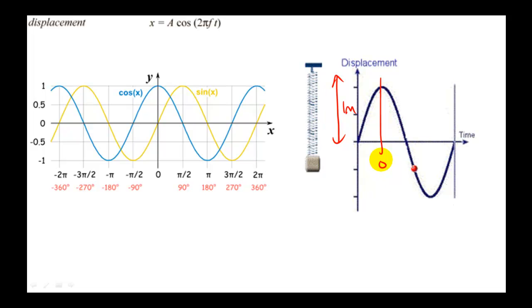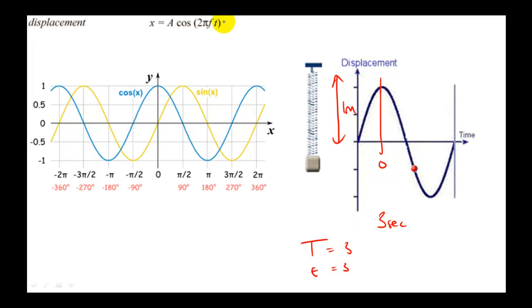Okay, so at a time a bit later in the future, let's say in 3 seconds, where would we be? Well, if you know big T is equal to 3, little t is equal to 3, right?